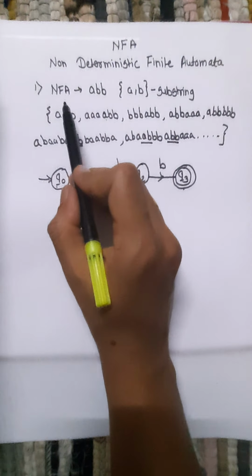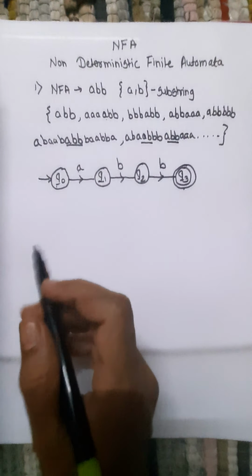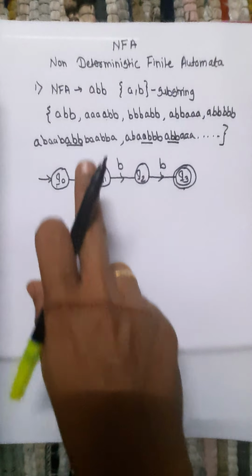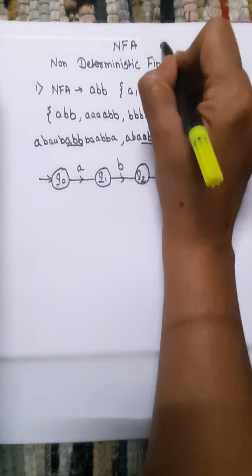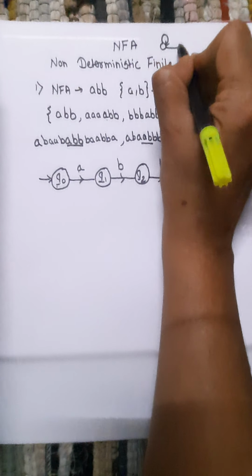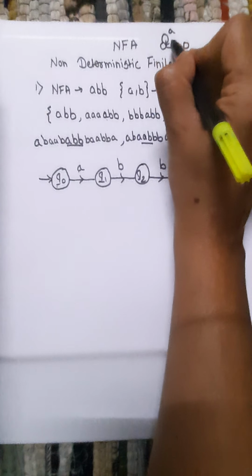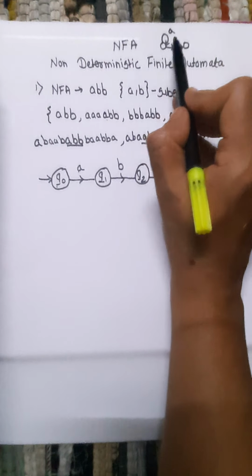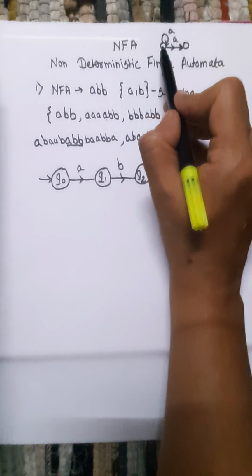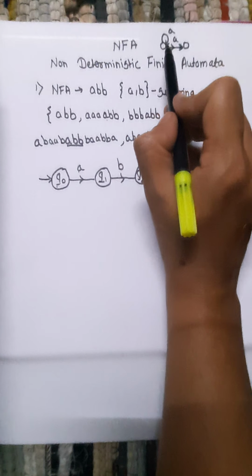As we know that we are drawing an NFA, so student, always remember one thing, that in an NFA you can go with the same input symbol towards another state, like A, and here I am writing A. So this A's source is this state and this A's source is this state, means the same. This is allowed in NFA, but it is not allowed in DFA.